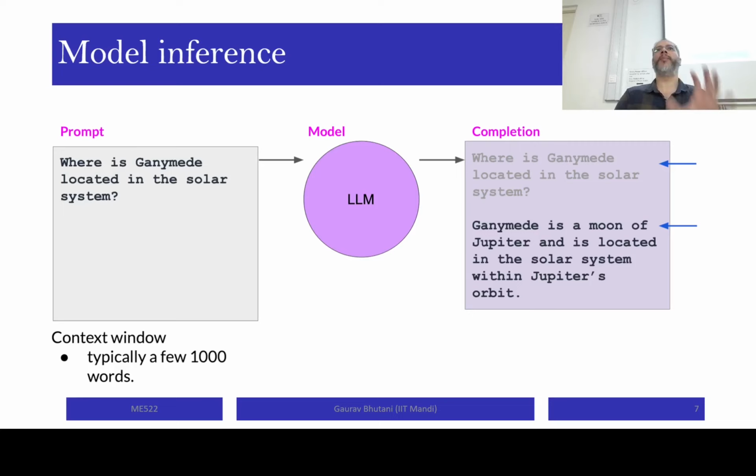The model has already been built, the parameters have been optimized, and now you want to predict an output as a function of the input. If you go beyond the context window, because it has been trained for a certain size of input, it can only take the first few words and work on that. This context window can be a few thousand words.